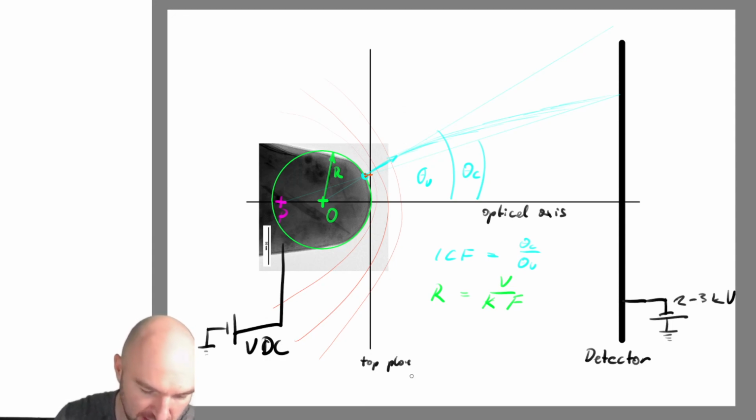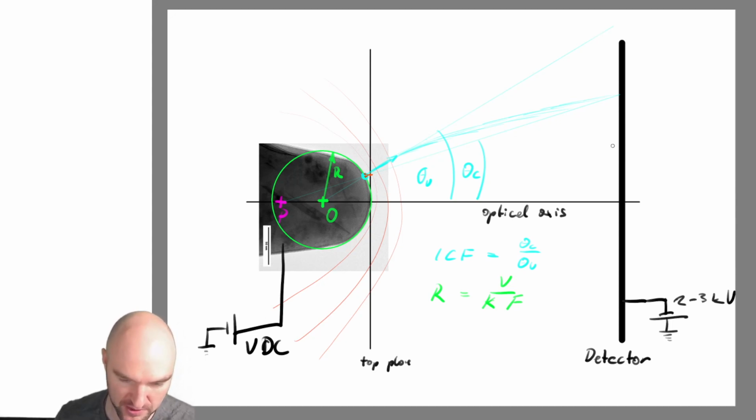We might have an electrode with a pulse voltage on top of that. So the ratio between VDC and the detector voltage changes, and so the image compression changes during the experiment. And what we are going to do is look at how we can correct that.